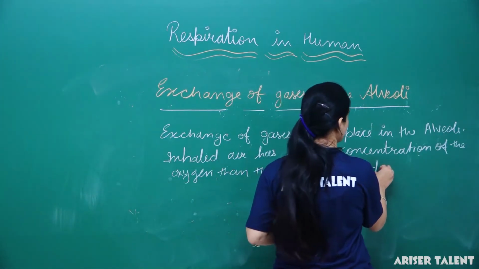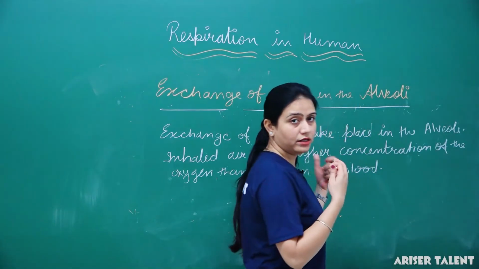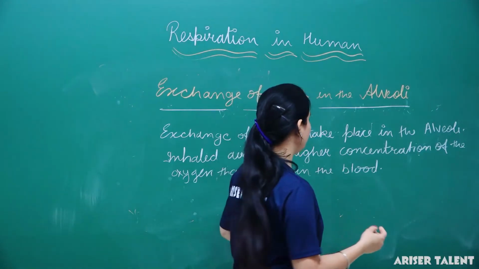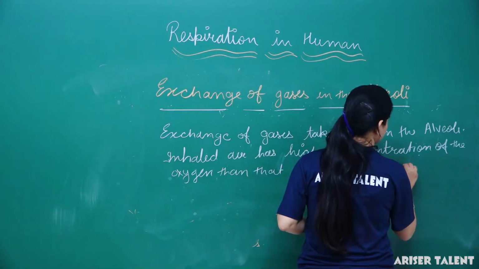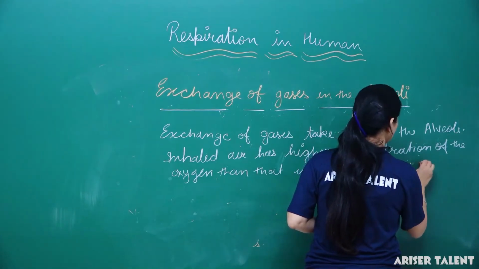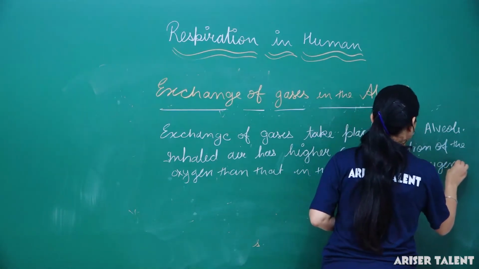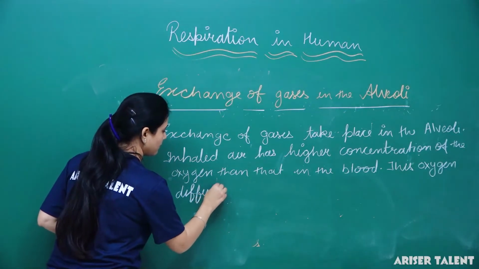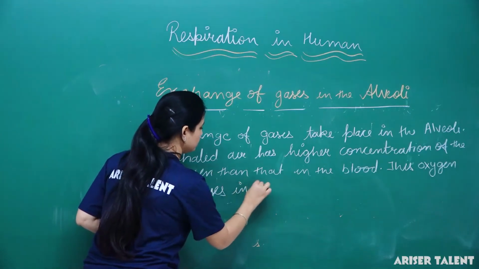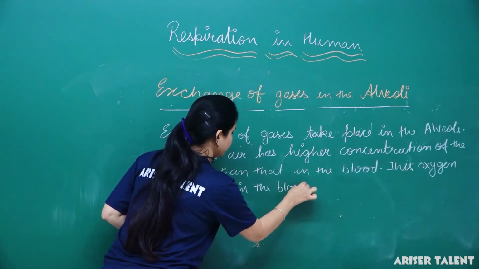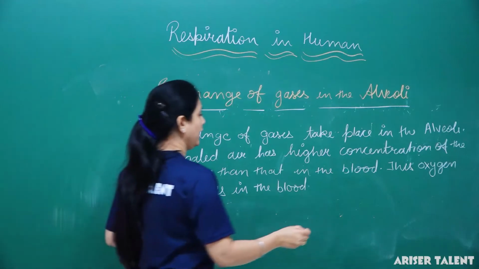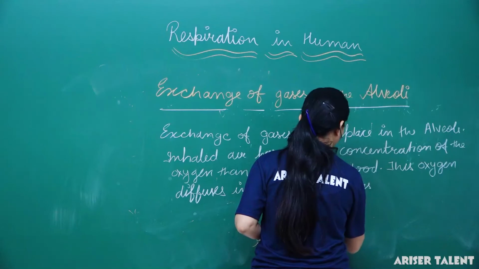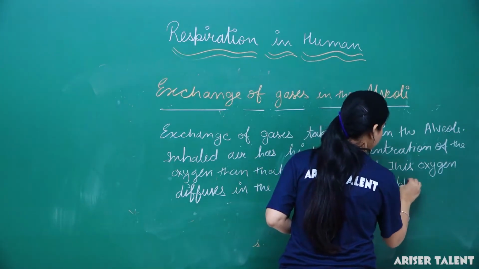So here we can mention the oxygen gets dissolved in the blood, or oxygen enters the blood through diffusion, or this oxygen diffuses in the blood. It enters in blood plasma.